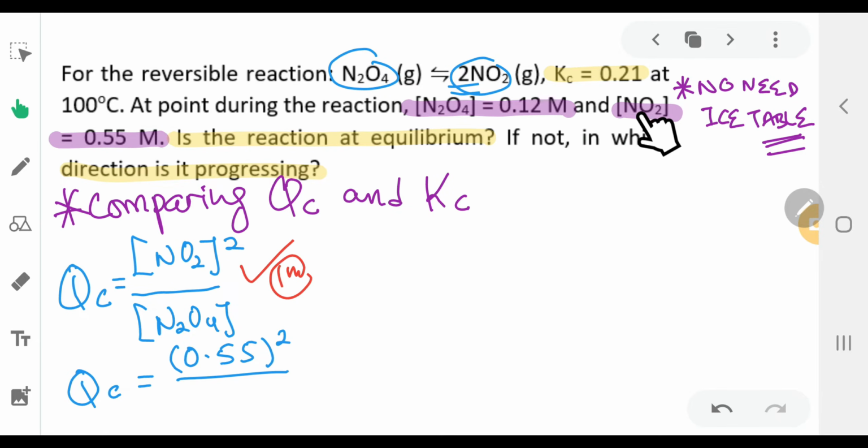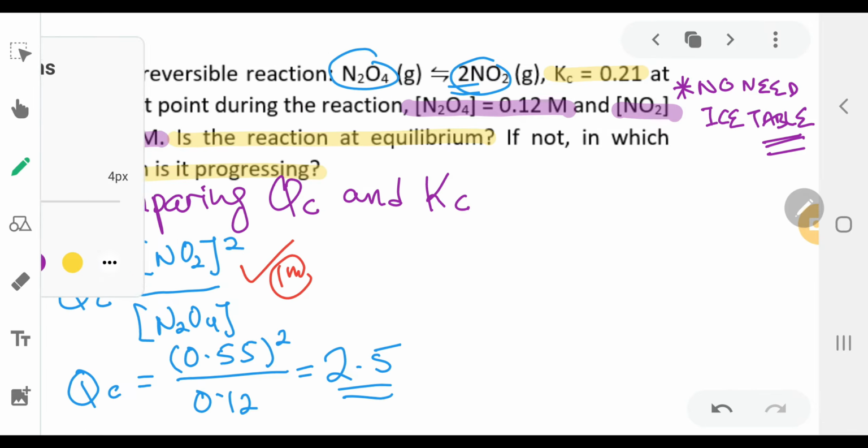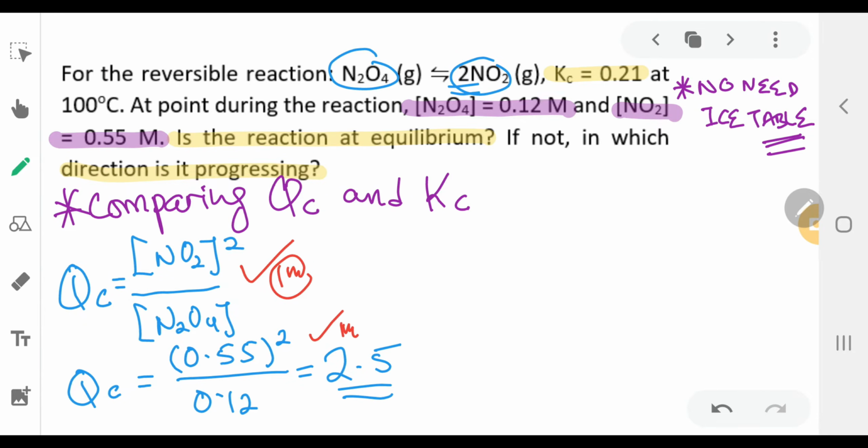NO2 is 0.55, squared, and then N2O4 is 0.12, so you put that down there. The value of QC would be 2.5. So you have found the value of QC, and you will get another 1 mark.